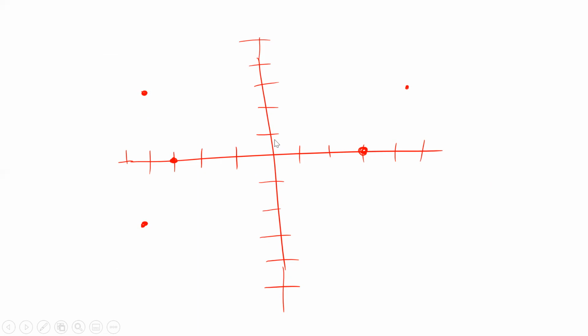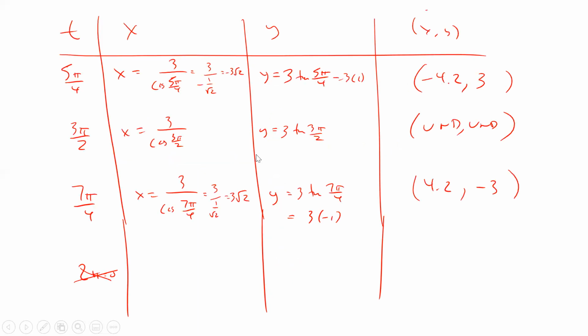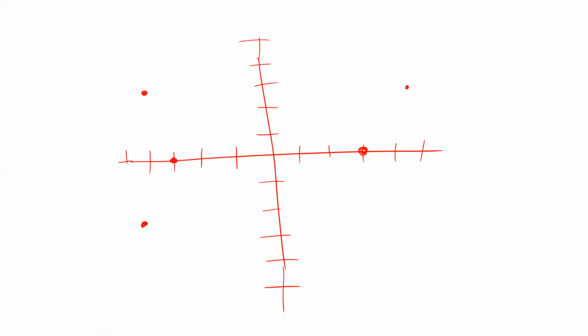And what undefined does for you is you don't have to connect one to the other. That's essentially what you do there. Let's see, undefined and defined, and 4.2, -3. So let's see how this works here.